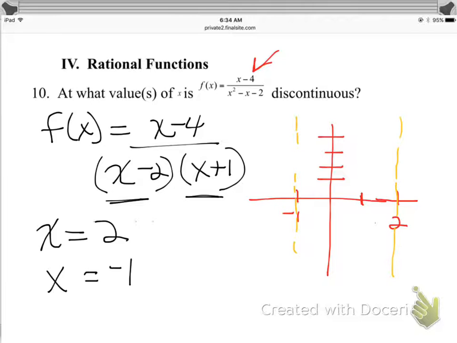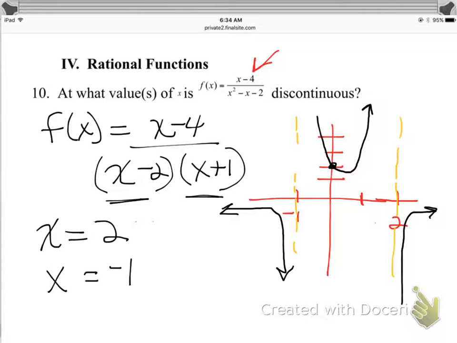So this is going to come down about here, go a little bit lower, and then come up. Okay, so that's part of my function. Then I come to the asymptote and I don't cross it. And over here, I come up and I respect the asymptote.